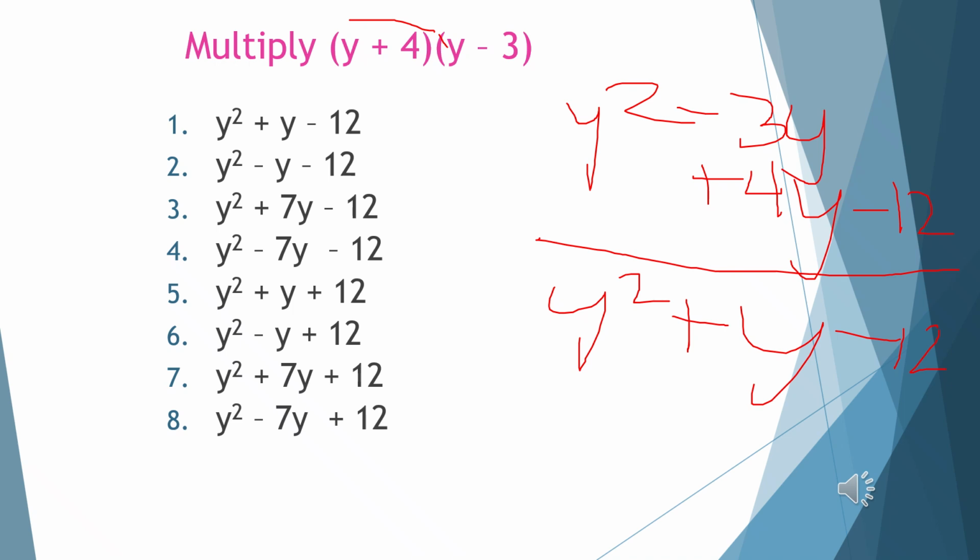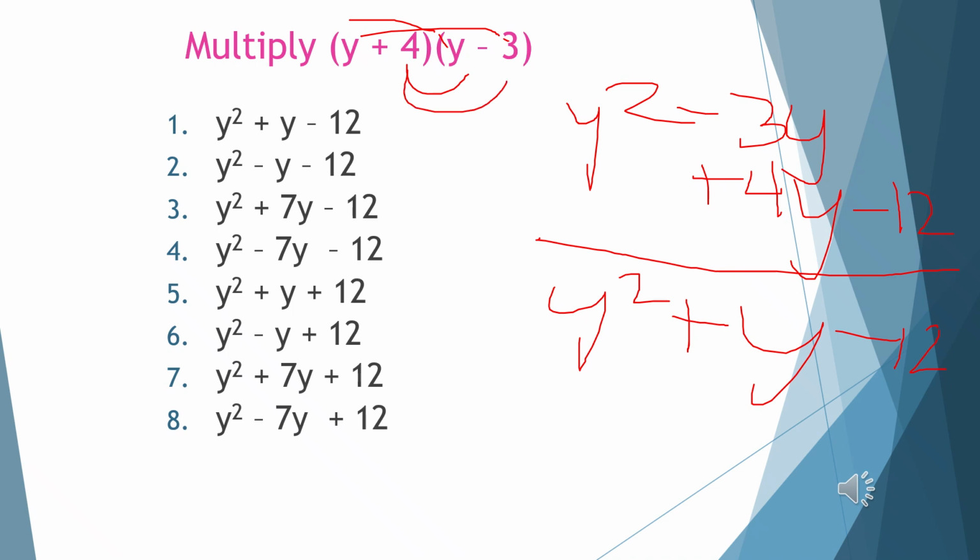We have here multiply, right? So we multiply this part, y times y, that's y squared, okay? Then y times negative 3, that's negative 3y. And then 4 times y is 4y. And then 4 times negative 3, that's negative 12.